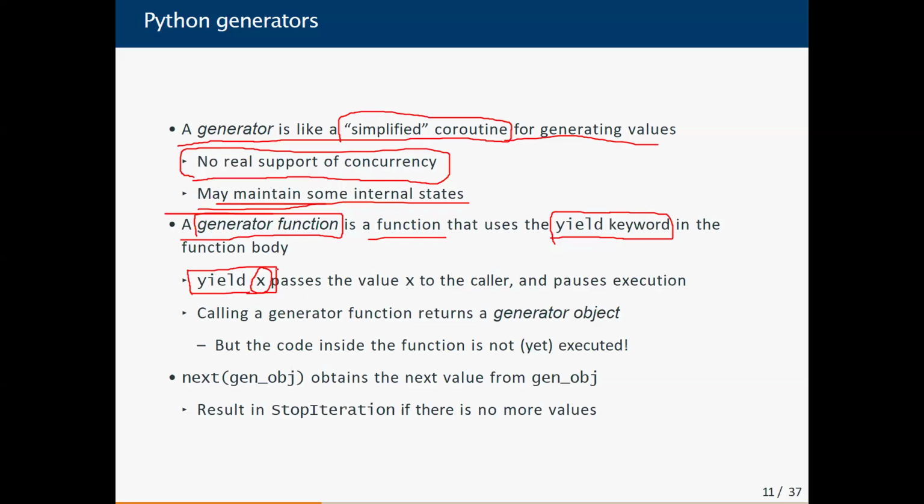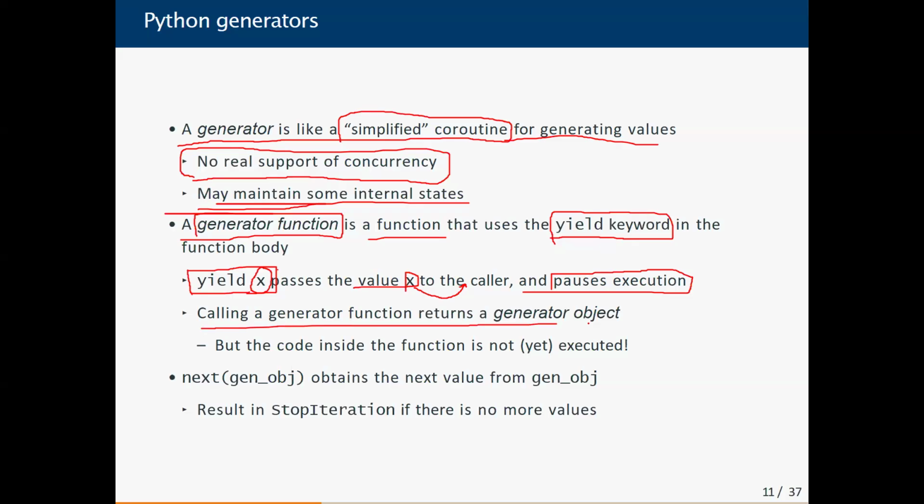When we use yield x, it passes this value x to the caller. And after it passes this value to the caller, your coroutine will pause execution. The execution of your coroutine will be stopped, or it's better to say paused, for a while. And after the caller calls this function again, it will keep executing again.